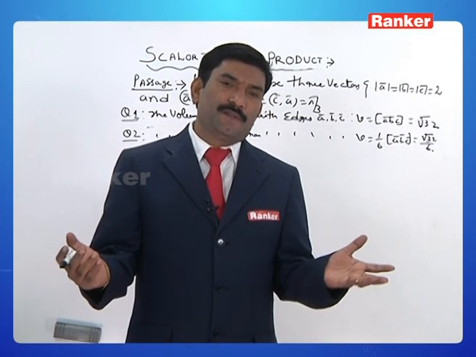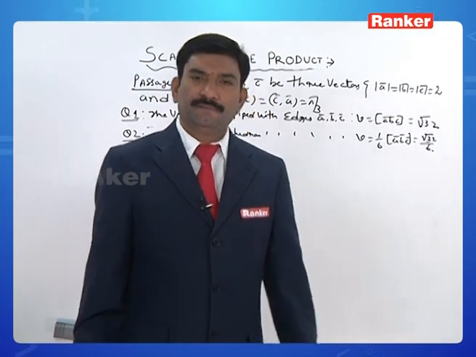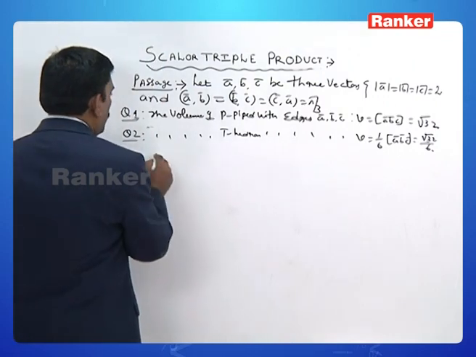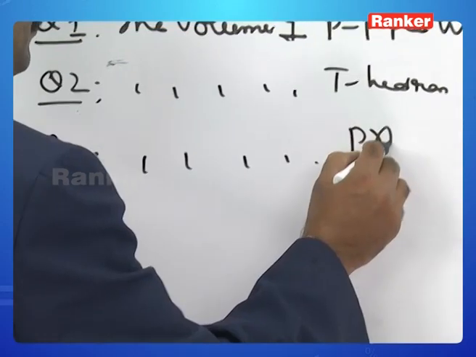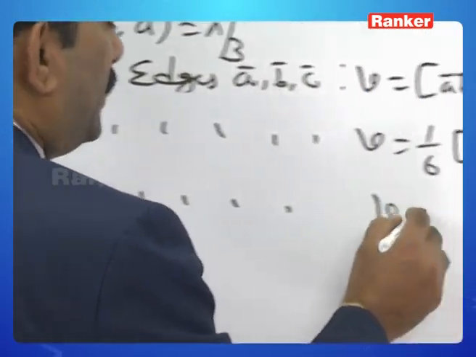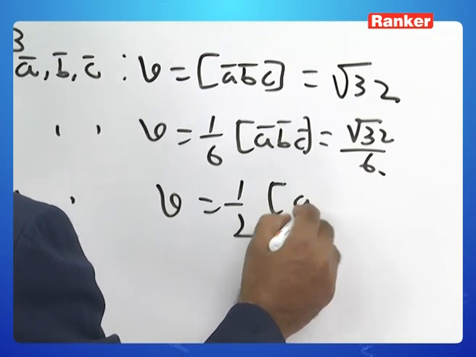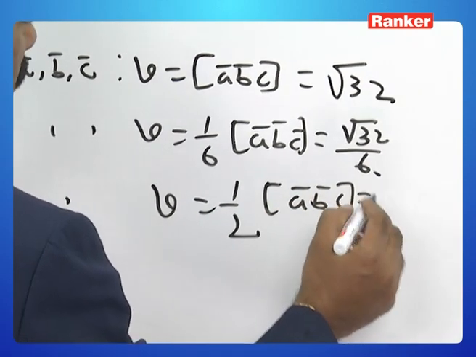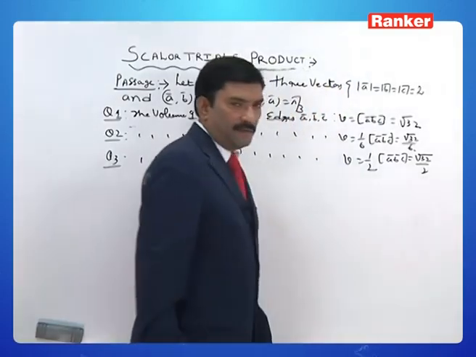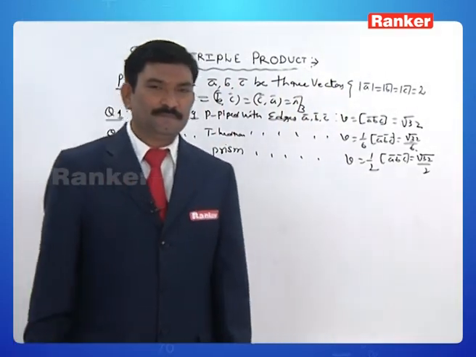Once you find out box of ABC, it's enough. The third question, Q3: the volume of a prism with the edges A bar, B bar, C bar is 1 by 2 into box of A bar, B bar, C bar, which is root 32 by 2. This is the volume of a prism.